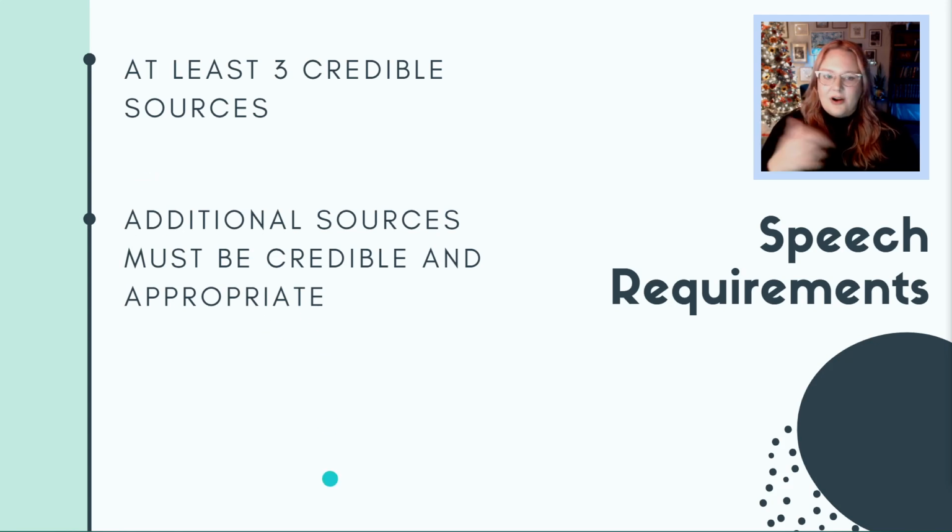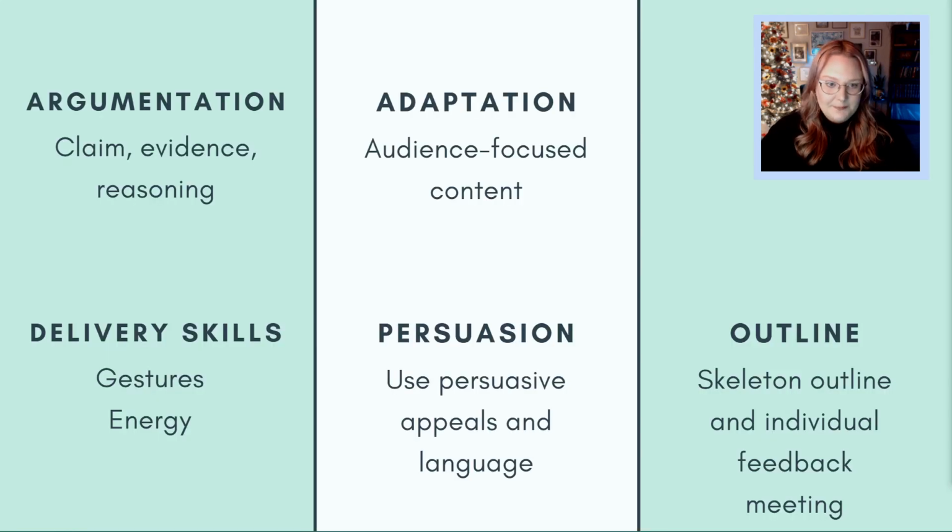These requirements are the same as our previous speech round. You'll still be using your media literacy and research skills to bolster the claims that you make in this speech. So we're still focusing on that argumentation formula, same as last round, that claim, evidence, and reasoning formula throughout the speech.